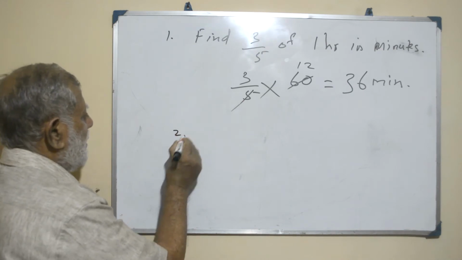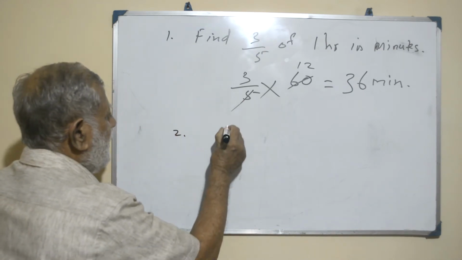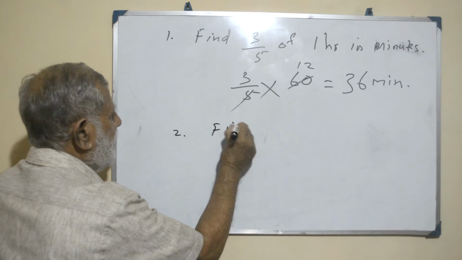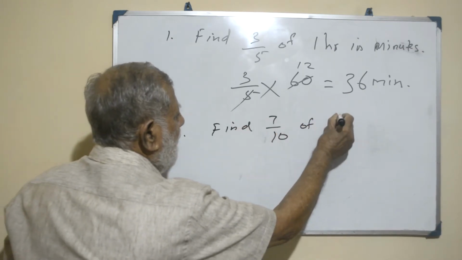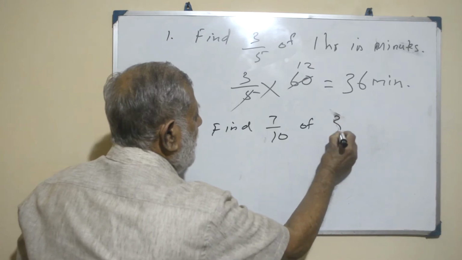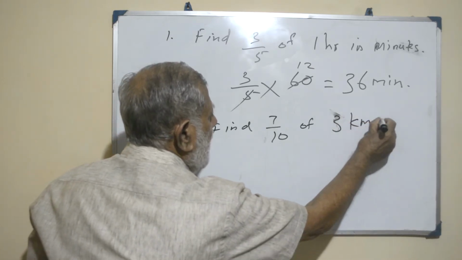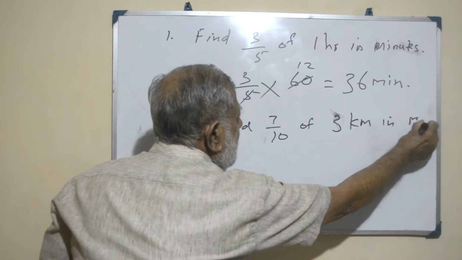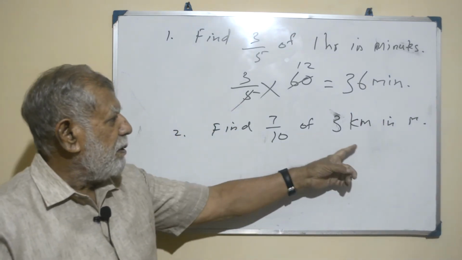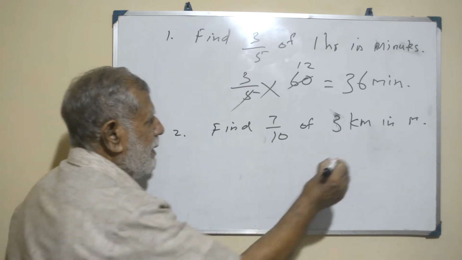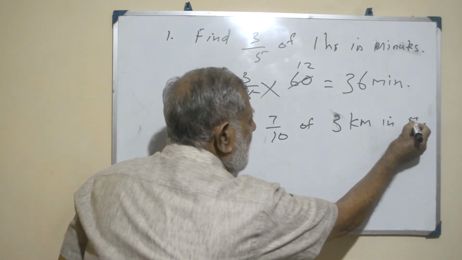Example 2. Find 7 upon 10 of 3 kilometers in meters. So here also tables are involved.